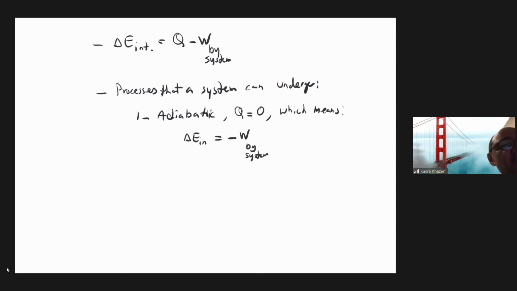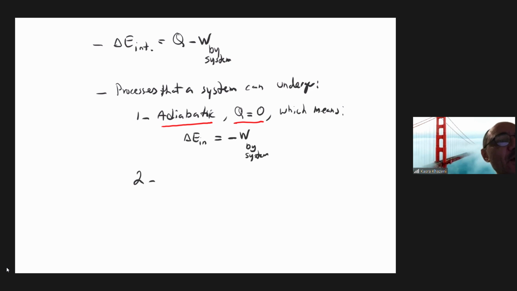All right, adiabatic means Q is zero. Okay, that's one of them. And we'll get to these things when the examples show up, and when there's an adiabatic process happening, you'll know that means Q is zero. Okay, so that's one thing.